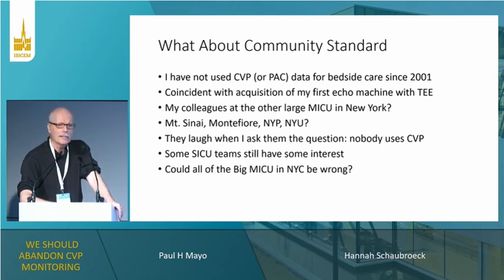And when I ask, they simply laugh. What? Central venous pressure? What are you talking about? Literally, they all do a lot of echo. Now, some of the surgical intensive care unit teams still seem to be devoted to the monitor tracings. So yes, all of New York City MICU could be wrong. But I hope it's unlikely.